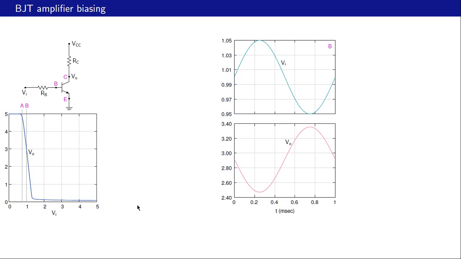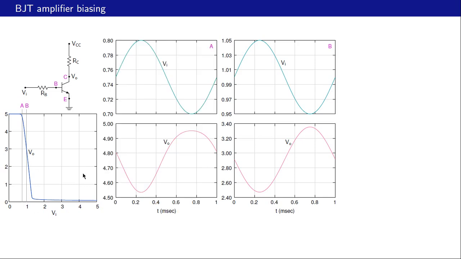Let us now consider another DC or bias value for the input voltage, and that is given by this line A here. And what we are going to do is apply an input voltage which varies about this point, and then see what the output voltage looks like. So that is the input voltage now. This DC bias, which is 0.75 volts, corresponds to this line A here, that is 0.75 volts there.